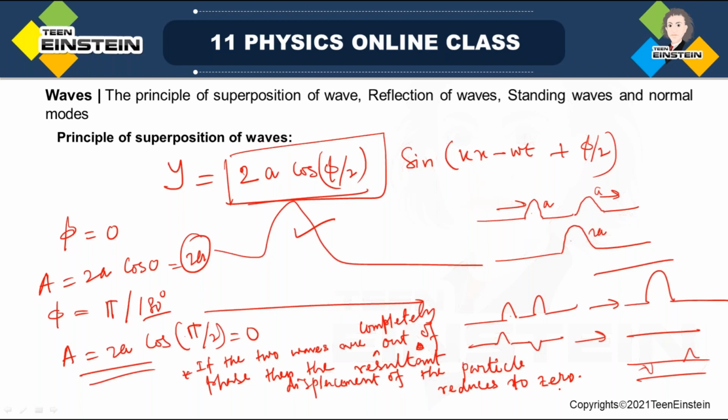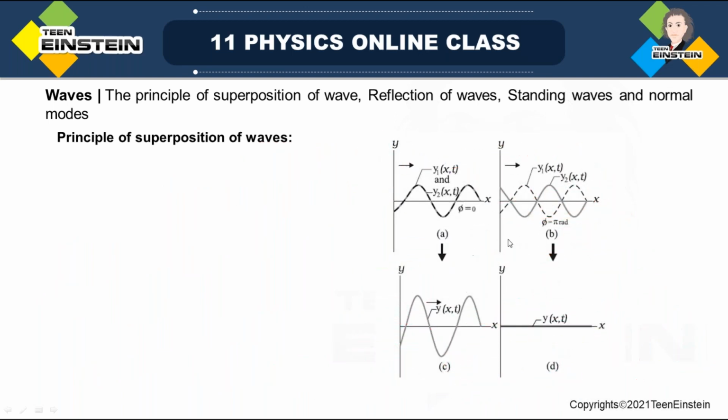So this is what we have about the superposition of waves. See, if there are two waves, when the phase difference is 0, then the amplitude actually becomes maximum.